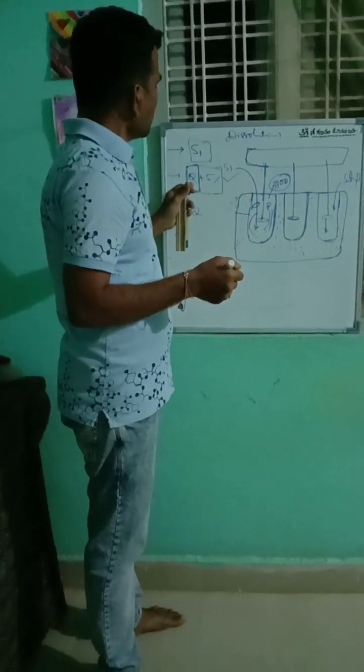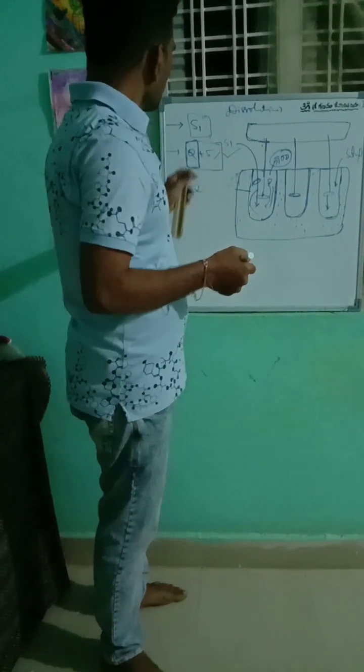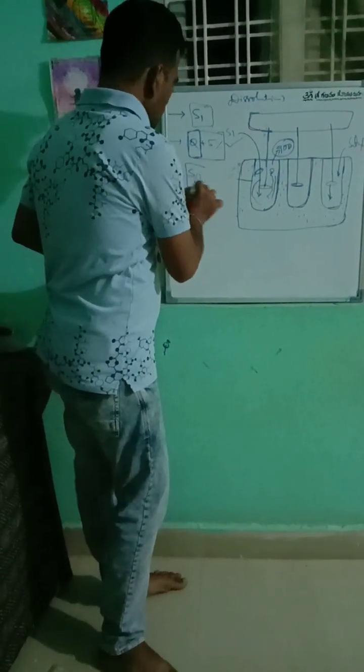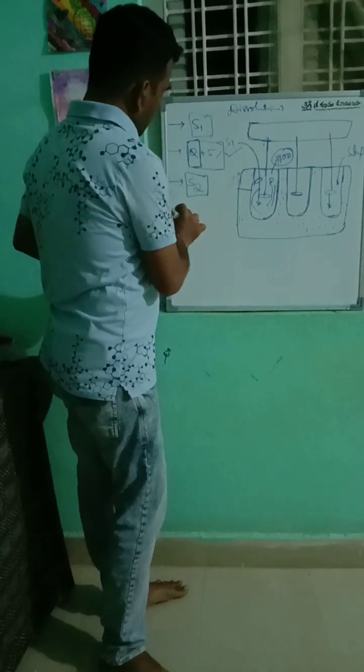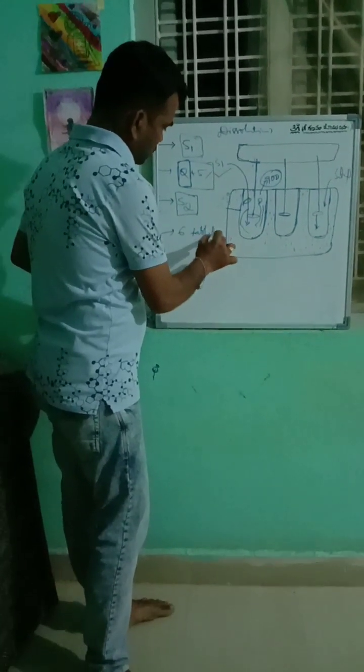If you are not getting it in any one of the 6 vessels, it goes to S2. In S2 we have to perform 6 more tablets.